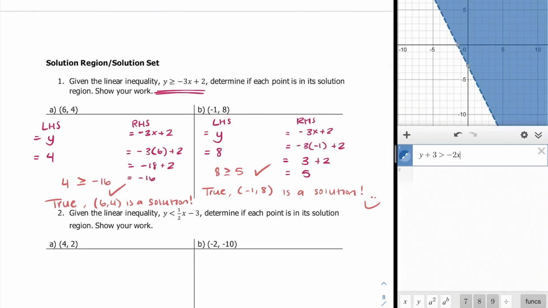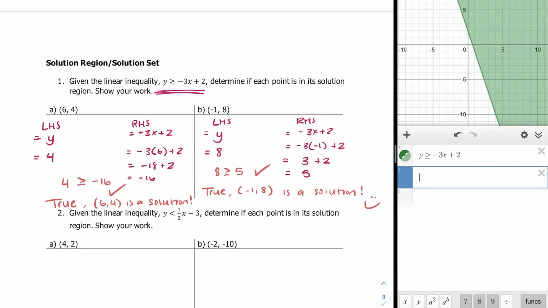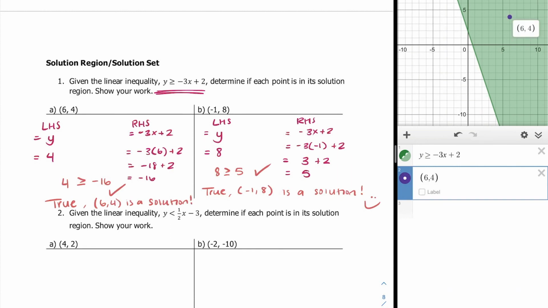What we can do, actually, which I think is kind of cool, is if we look at Desmos, if I plug in that inequality, y is greater than or equal to negative 3x plus 2, and I decide to plot my point, say I want 6, 4, notice that point belongs inside my solution region.